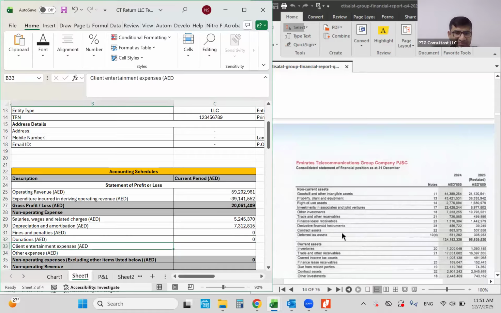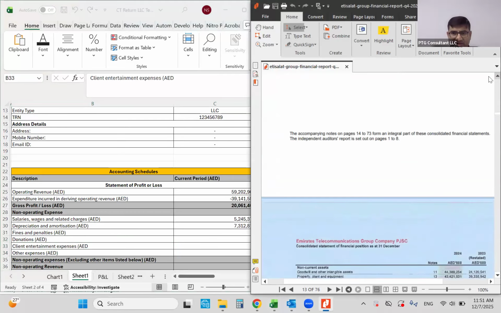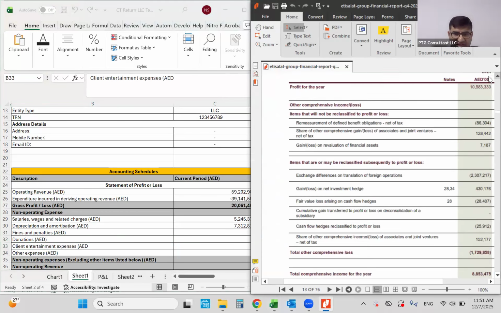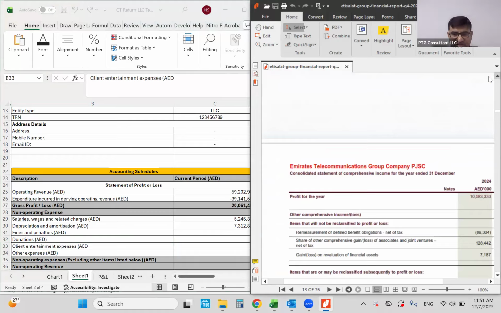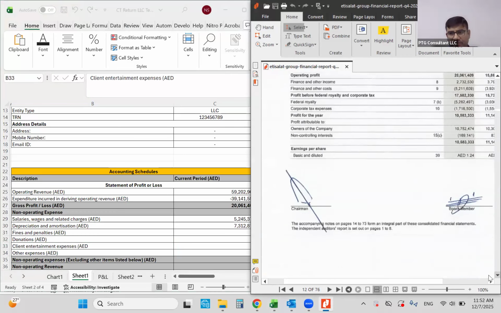Client entertainment expense. So let's try. We are working here, but you guys also search on your screen. If you find the information, please let us know. It should be coming in note number 7 or note number 9.